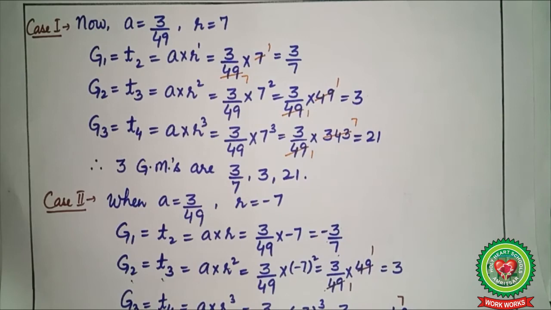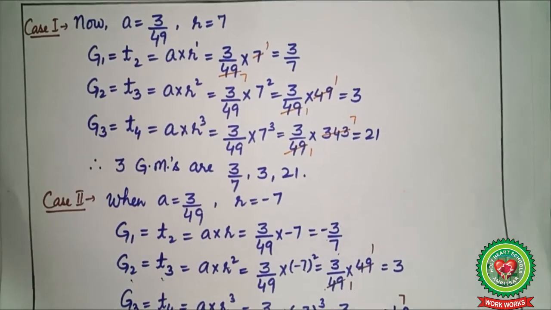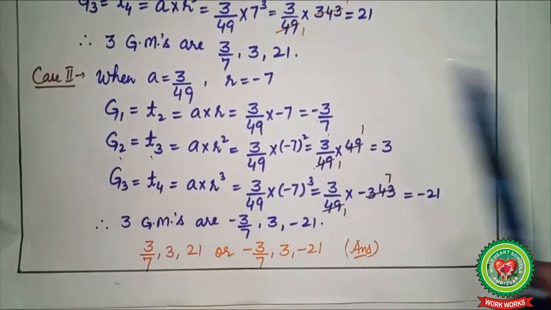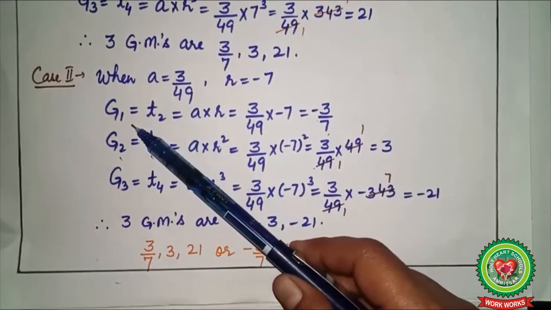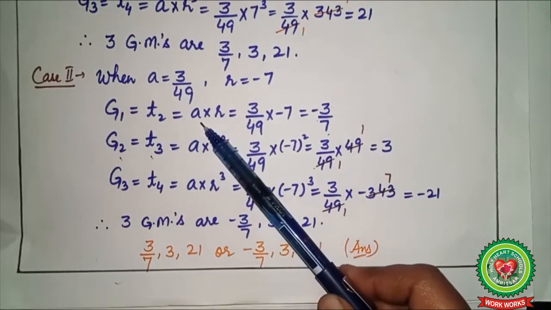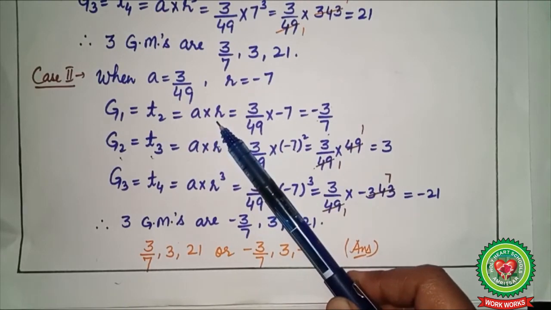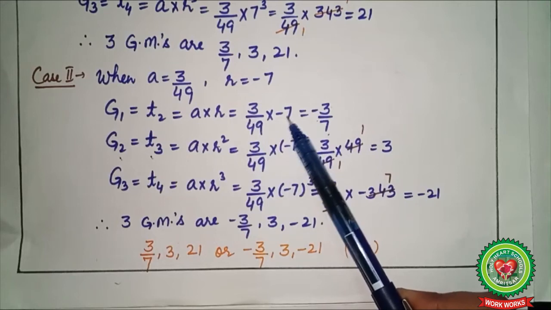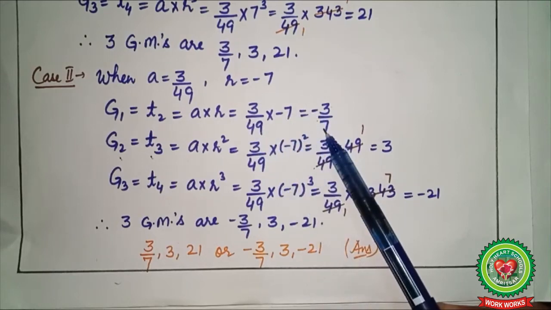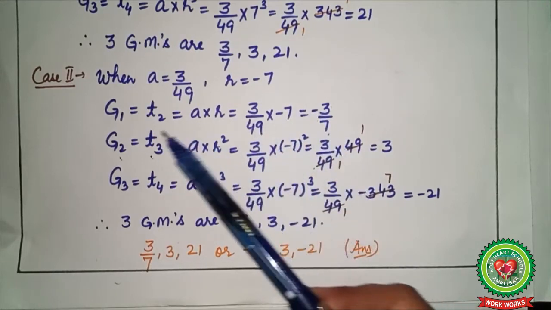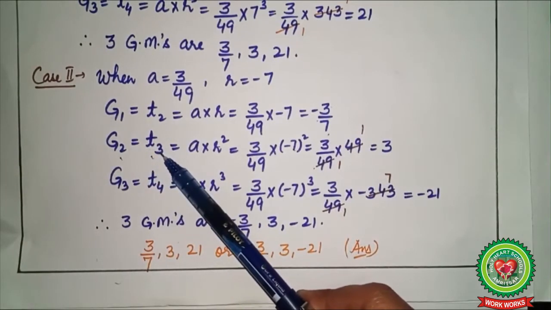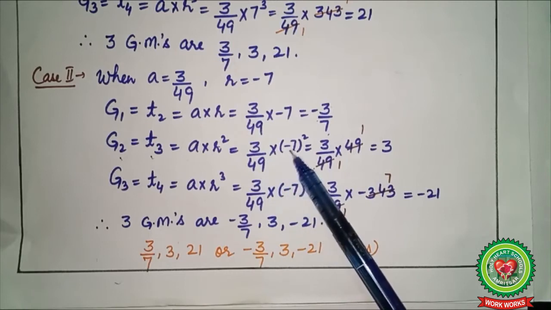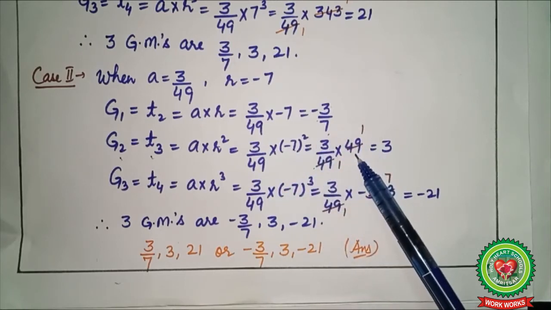Now we will consider the second case when r is equal to minus 7. Again G1 is the second term, so multiply A into r. It becomes 3 by 49 into minus 7. After cutting, we are left with minus 3 by 7. G2, that is the third term, is A into r square: 3 upon 49 into minus 7 square, which will be the positive 49.